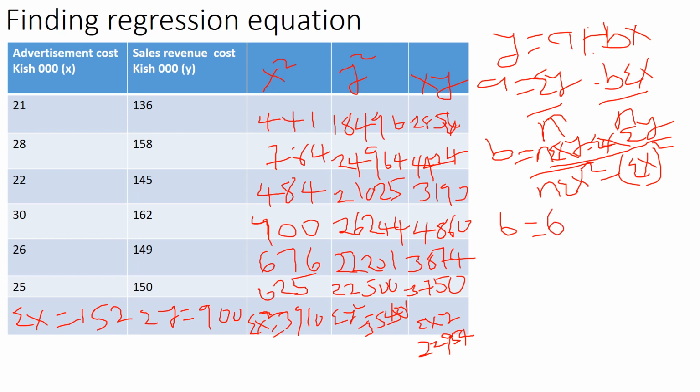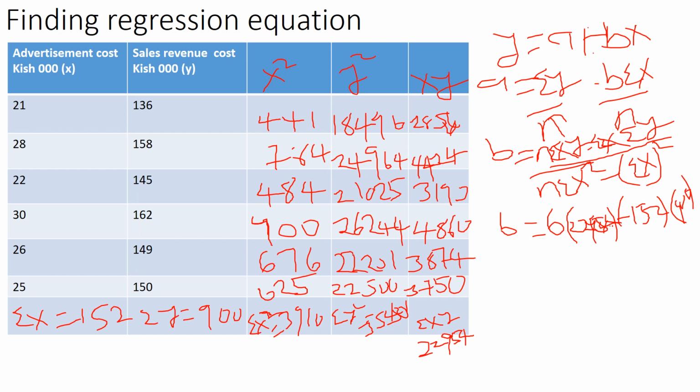So multiply by the summation of y, which we have seen as 954. And then we subtract the summation of x, which was 152, and this we multiply with the summation of y, which was 900.